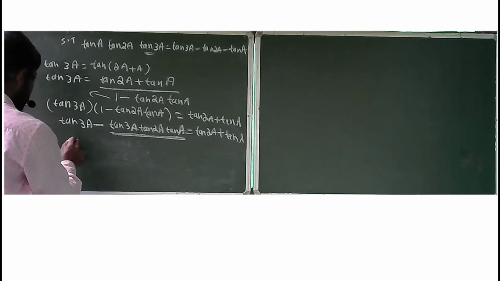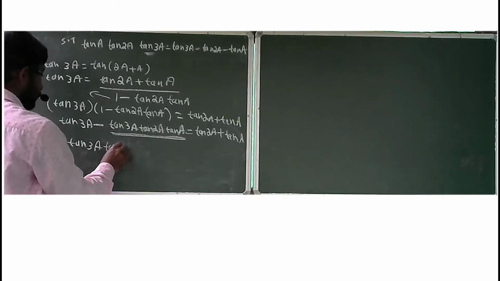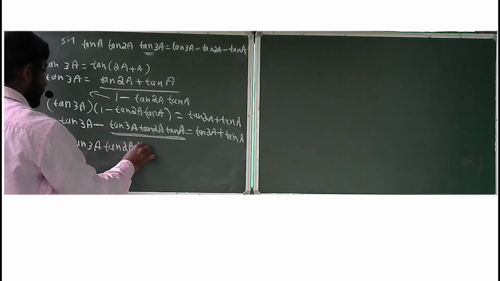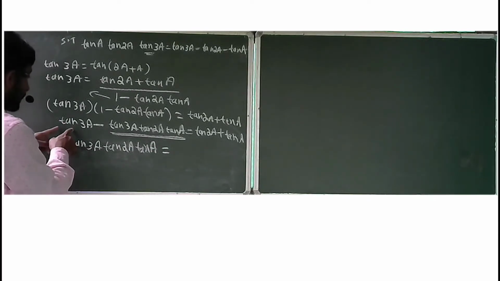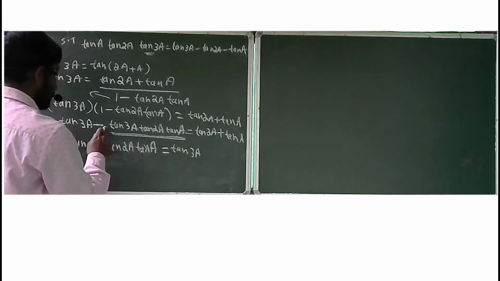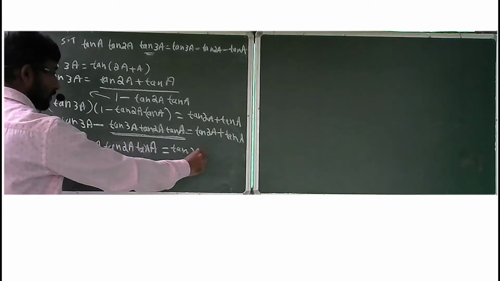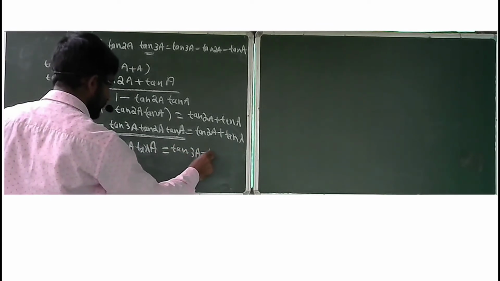Minus will become plus: tan 3a into tan 2a into tan a equal to, here see, in the LHS, tan 3a is remaining. Why? Because you are shifting this minus to the RHS. So take plus tan 2a to the LHS, that will become minus tan 2a.